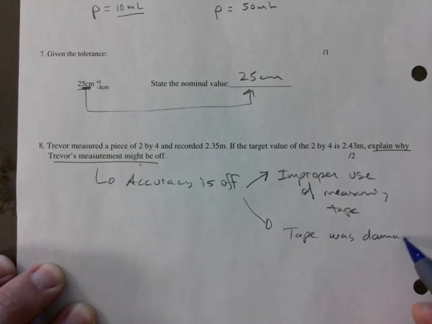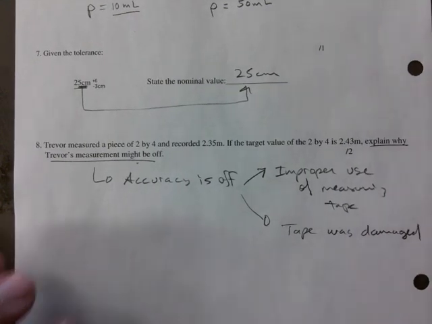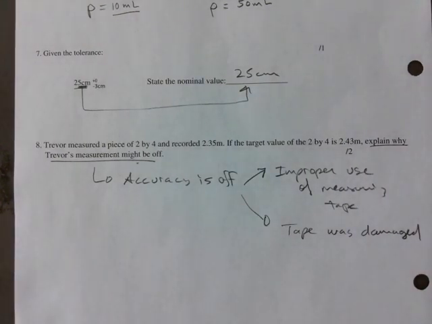Obviously, I would like you to elaborate a bit more. You have two choices when you want to talk about why someone's measurement might be off. That's it. That's all.